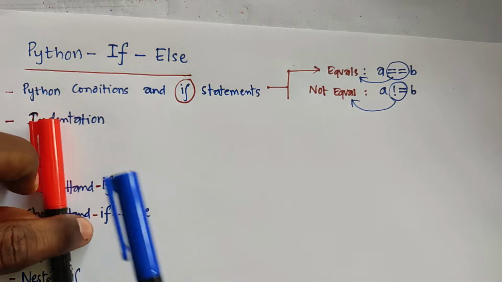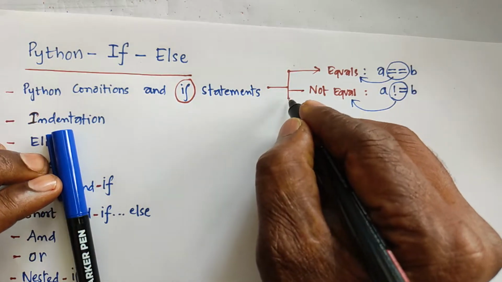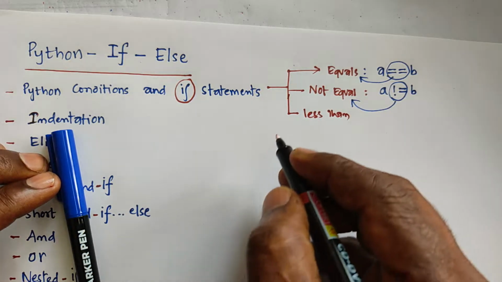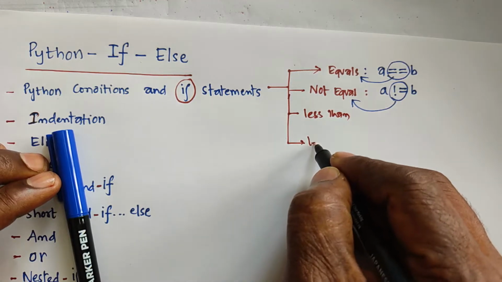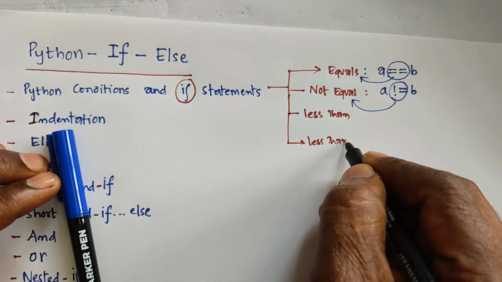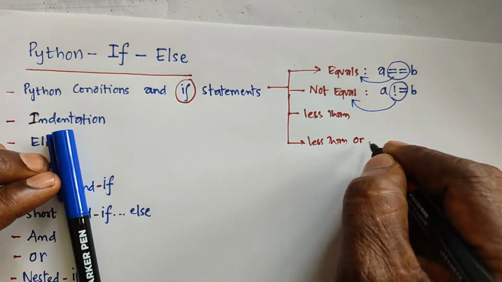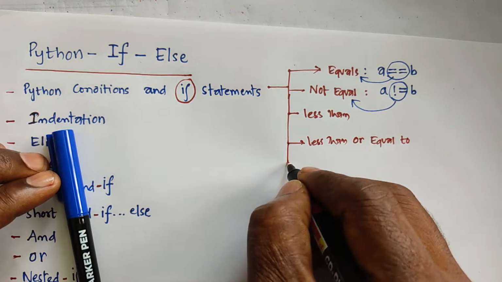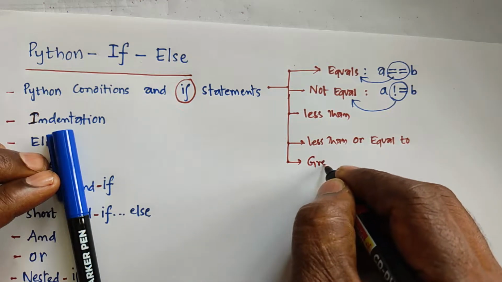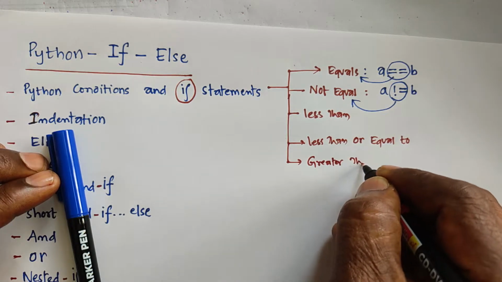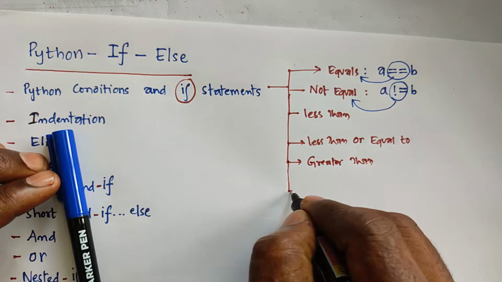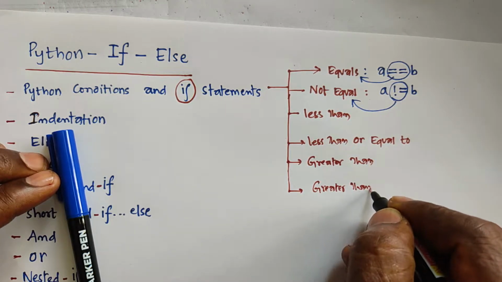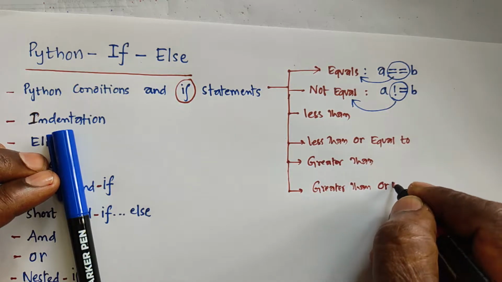Similarly, the next one is less than, and the fourth one is less than or equal to. Next, greater than, and the last one is greater than or equal to.